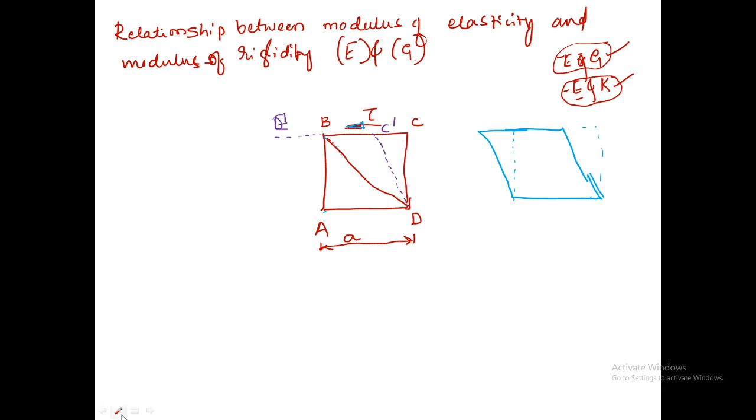Let us take this new point as E. Okay? Now let us draw here. Okay. Now in this case A, D, C dash, E is what a deformed shape.